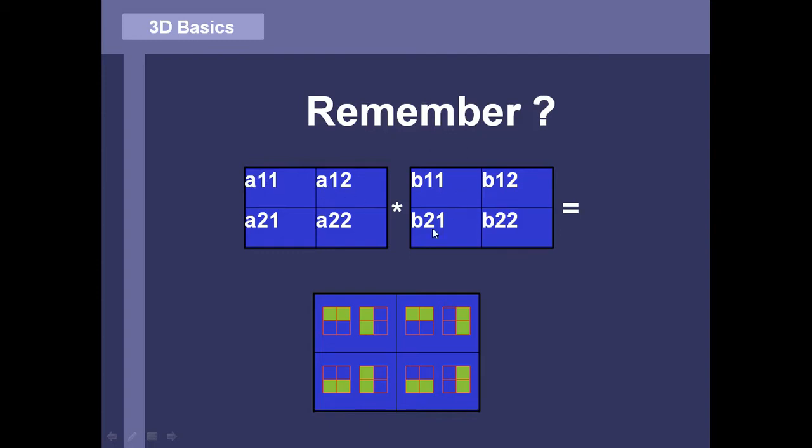This is how this will take place. I'm trying to show that this row will be multiplied by this column, and this row by this column, and this row by this column, and the values will be written here. So finally you will get a matrix like this.